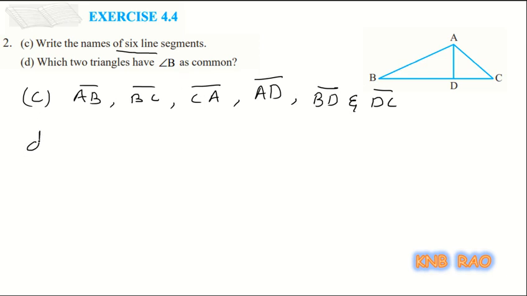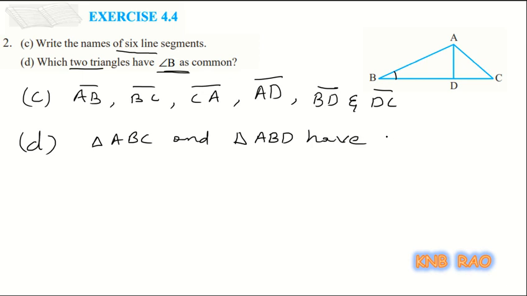Now coming to sub question D: which two triangles have angle B as common? See, triangle ABC has got angle B. Along with that, triangle ABD also has the same angle B. So triangle ABC and triangle ABD have angle B in common.